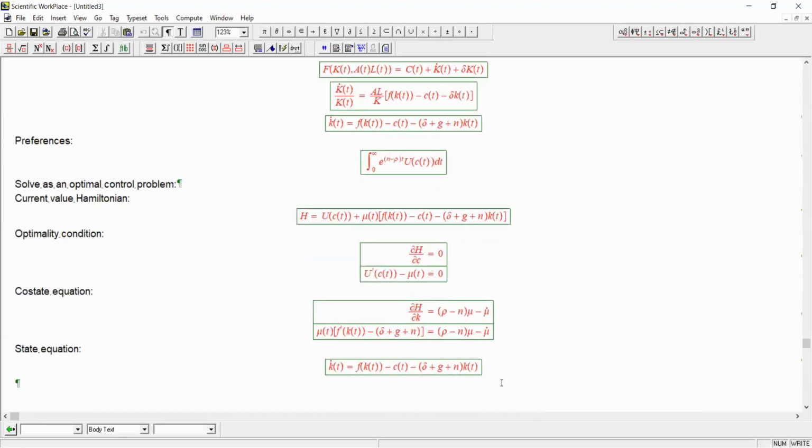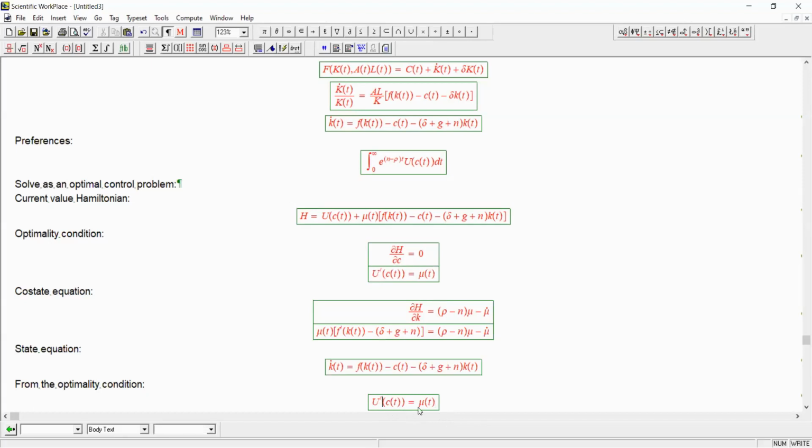So what are we going to do with this? Note that from the optimality condition, we have an additional way of finding out what is mu dot. We have mu dot here, but we can also get mu dot here by simply deriving this expression with respect to time, taking the total derivative with respect to time.